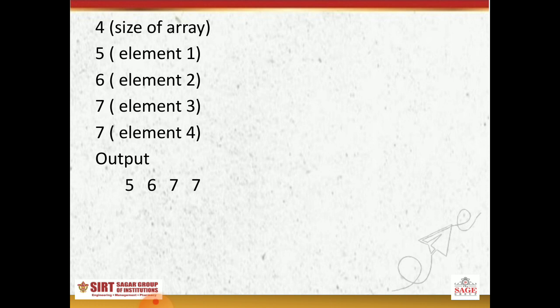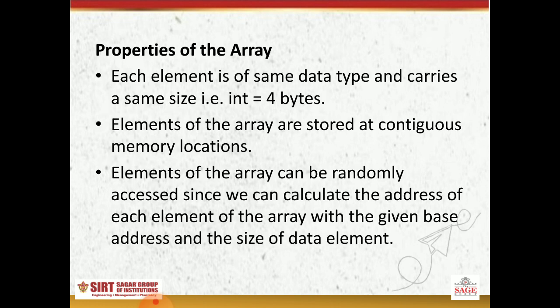Now property of the array. Each element is of same data type and carries the same size. For example, integer is like 4 bytes. And the second property is elements of the array are stored at contiguous memory location.